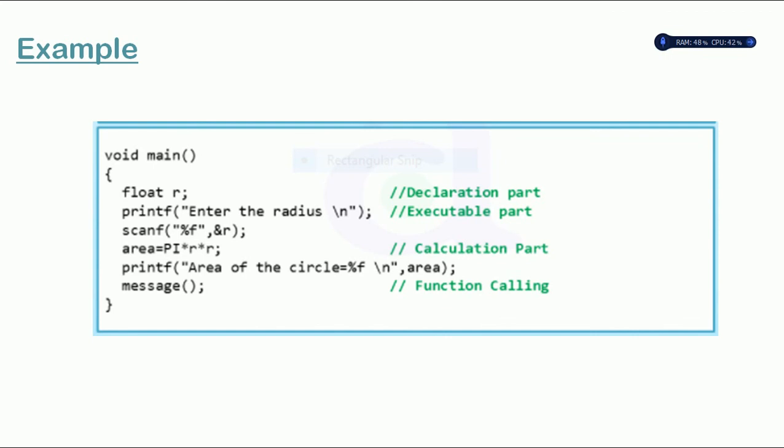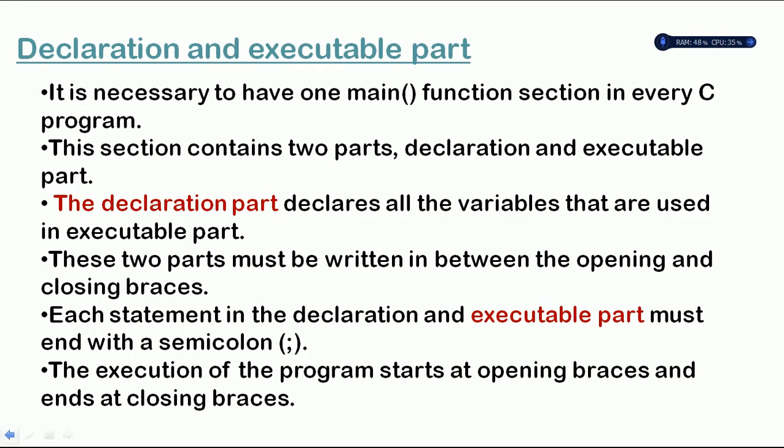You can define your user-defined function before your main function or after it. Both are acceptable, because even if you write it anywhere, the compiler starts execution from the main function. Whenever it finds a function call, only then does it try to link your subfunction. So this is the basic structure of C programming.